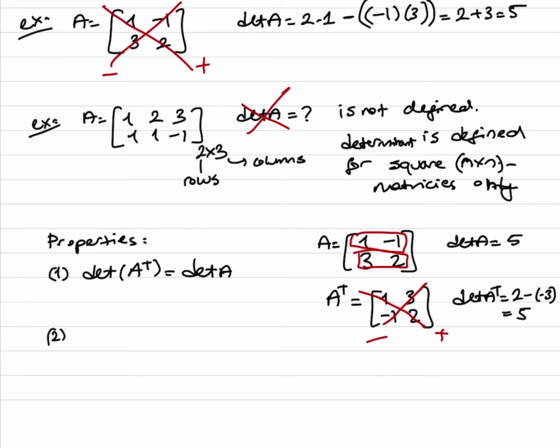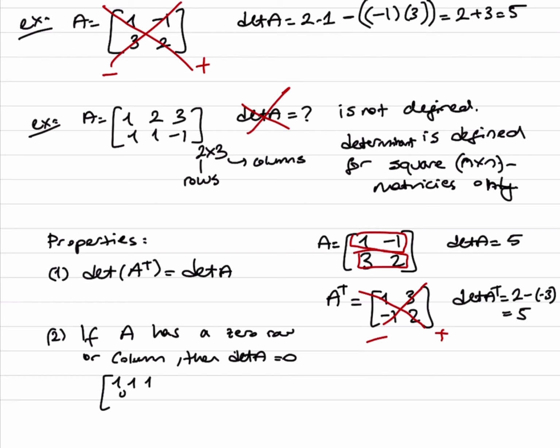Okay, second property. If A has a 0 row or column, then the determinant of A is always 0. Like if you have 1 1 1, 0 0 0, 5 2 minus 1, and this is A, because you have all 0s here.